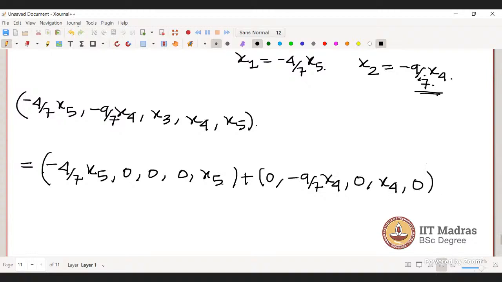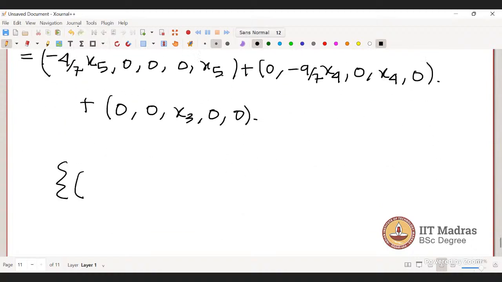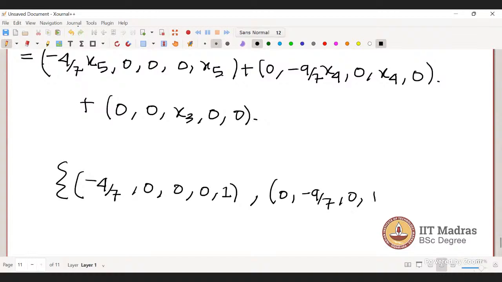Then you have 0 0 x3 0. So from here you can say that the basis is basically minus 4 by 7 0 0 0 1, then 0 minus 9 by 7 0 1 0, and 0 0 1 0 0. This is a basis of W.